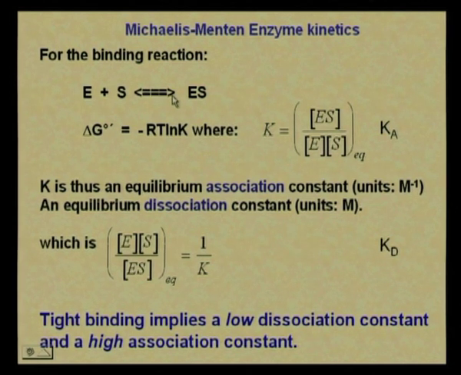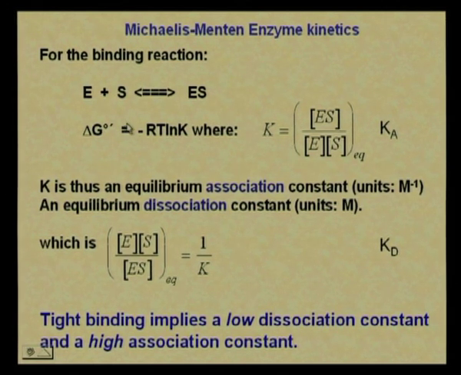Now, if I go for the reverse of this reaction, I am considering a dissociation of the enzyme substrate complex back into the enzyme and the substrate. So, that is also an equilibrium from the reverse side. I have the expression which is just 1 by K, where I have an enzyme concentration and a substrate concentration divided by an enzyme substrate concentration, that makes the units of a dissociation constant molar units.